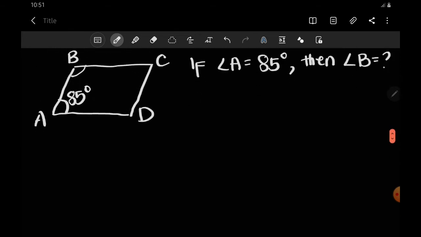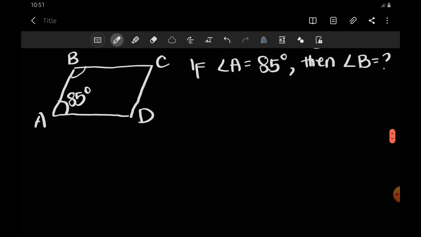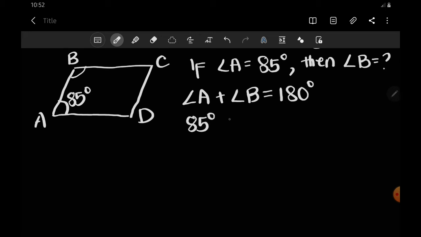If we add the two angles, it must be equal to 180 degrees. So angle A plus angle B is equal to 180 degrees. We substitute the value of angle A, which is 85 degrees, plus angle B is equal to 180 degrees.